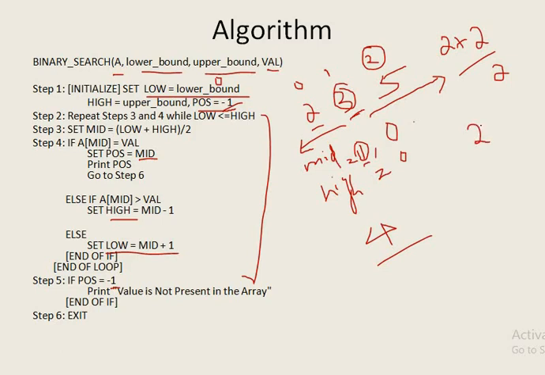So the element at position 2 will be compared with element 4, that is, 5 will be compared with 4. It doesn't match, and therefore we can say that the element is not present in the array. This is how this algorithm works.